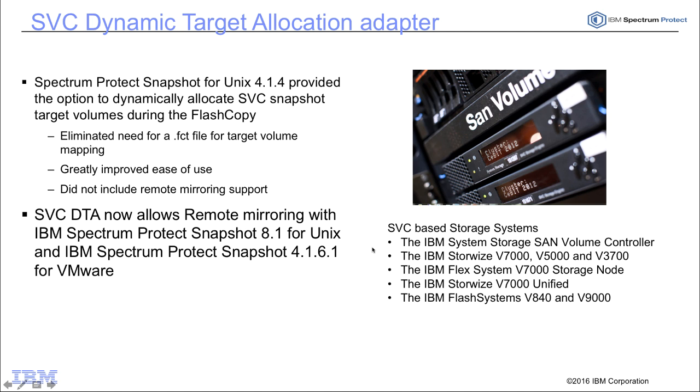Now, there was a limitation of this dynamic target adapter at 4.1.4, and that was it did not include remote mirroring support. Well, now with Spectrum Protect Snapshot 8.1 for UNIX and Spectrum Protect Snapshot 4.1.6.1 for VMware, we are going to start including remote mirroring support in the SVC DTA.